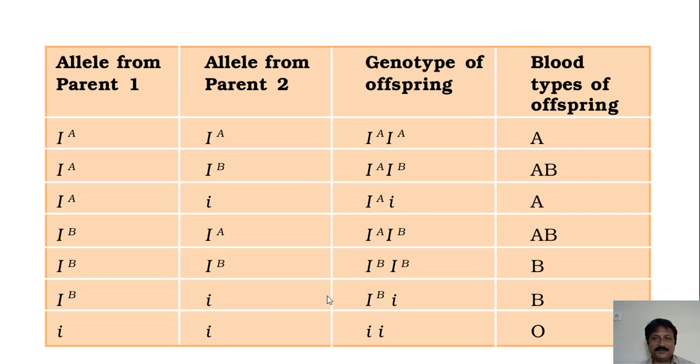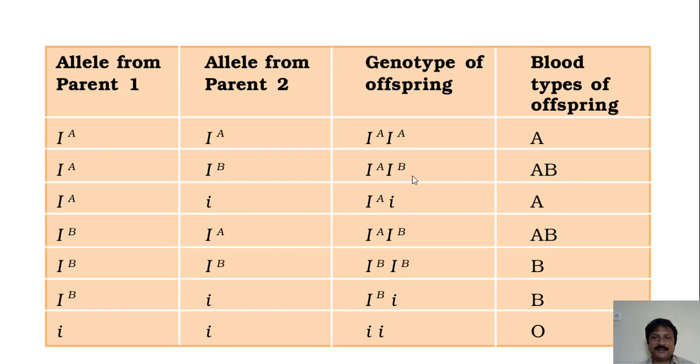Similarly, B blood group can be homozygous or heterozygous. So A and B can exist in either homozygous or heterozygous condition. But AB has only one option.